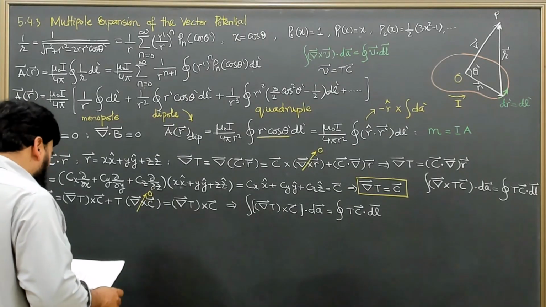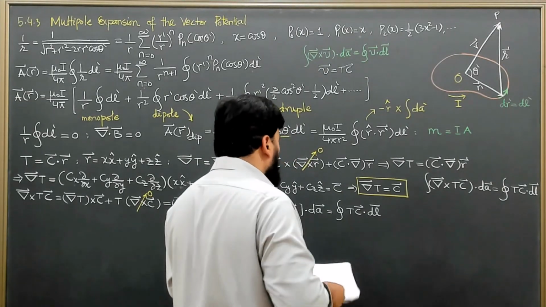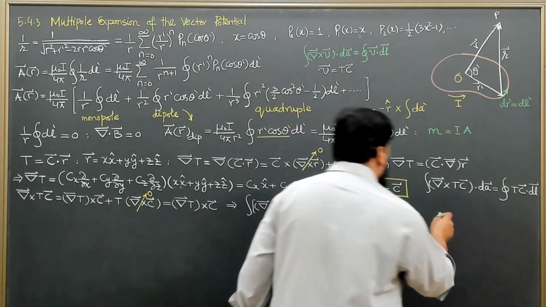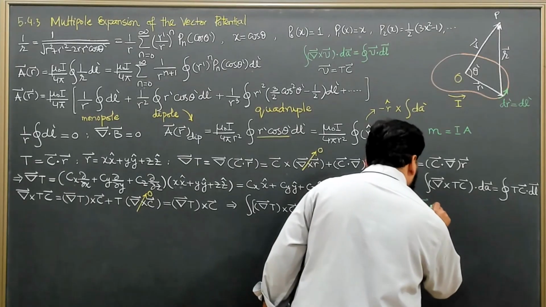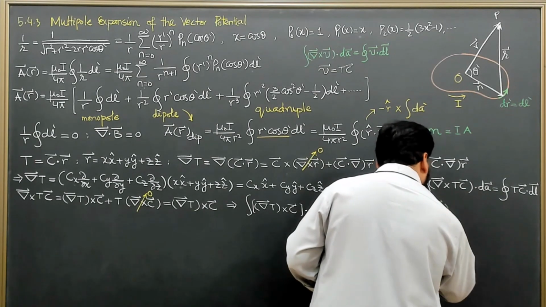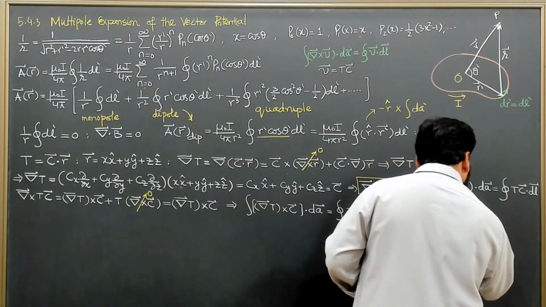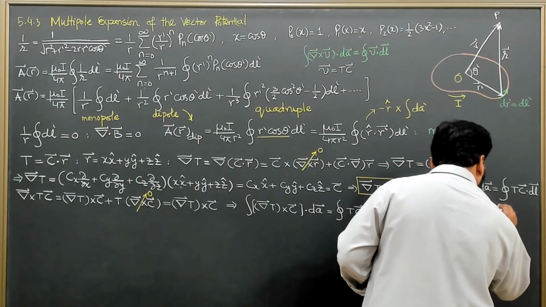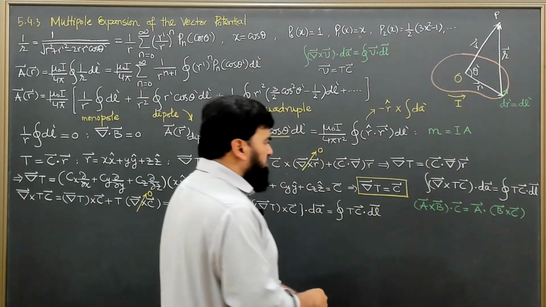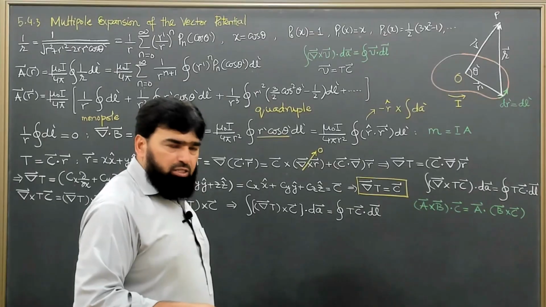one of the very fundamental relations, the dot and cross interchange. That dot and cross interchange is that A dot B cross C, or A cross B dot C, I can write as A dot B cross C. This is the fundamental relation of the scalar triple product.